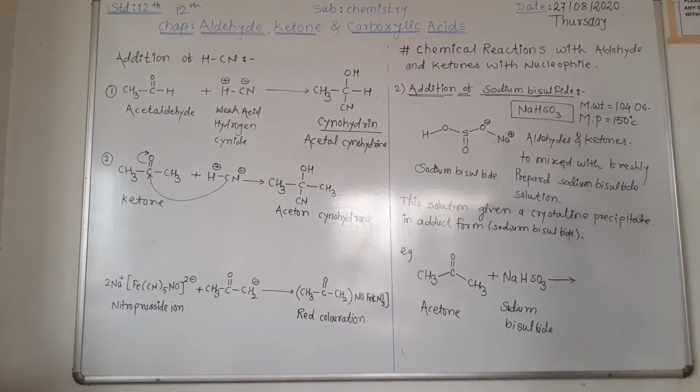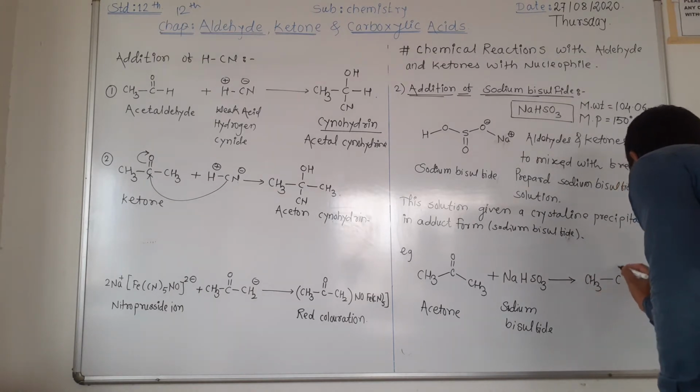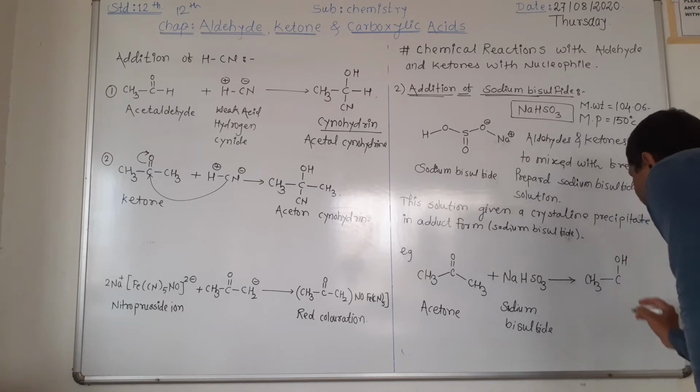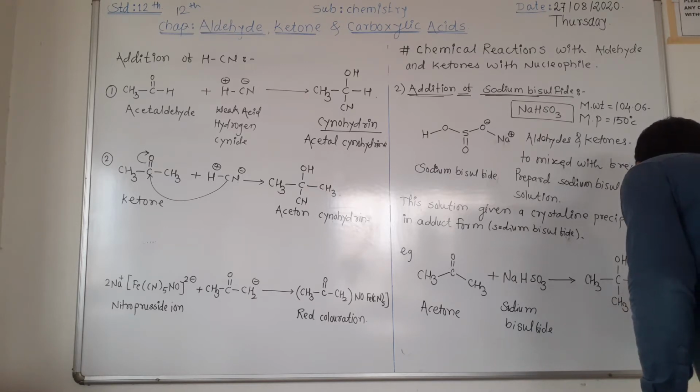to give the product CH3 C with a hydroxide group, here is CH3 and SO3 minus Na plus.